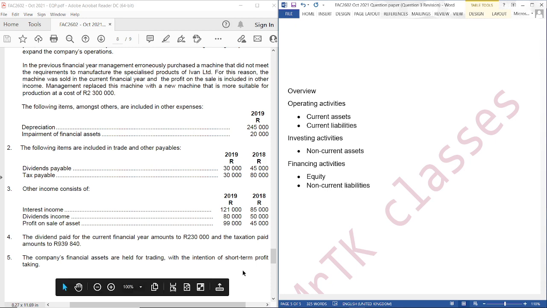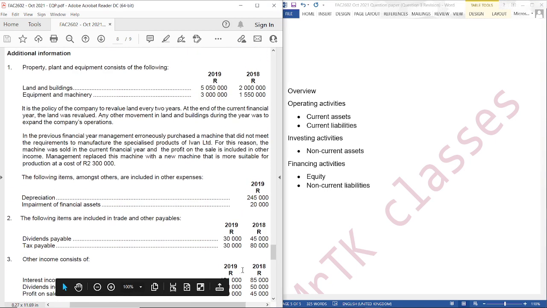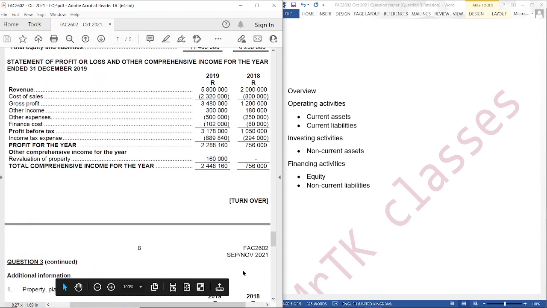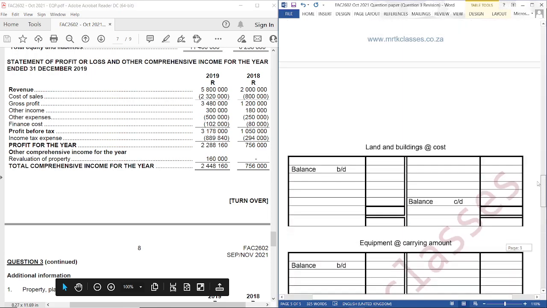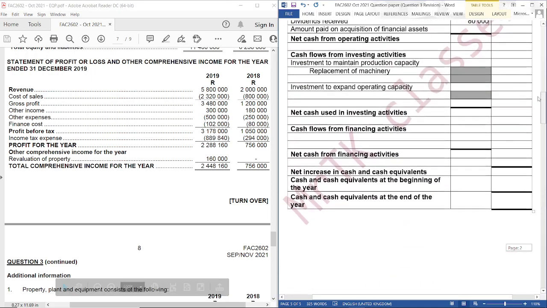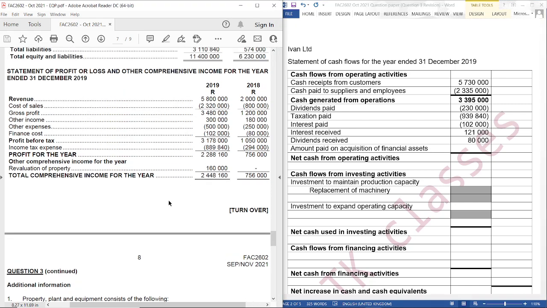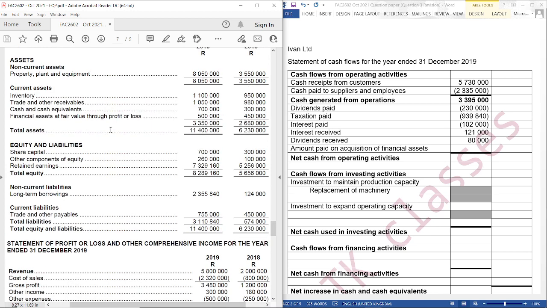right? Okay, so this is a current asset, so we should address it under operating activities, right? So now we need to calculate and see if we received money or we paid in regards to this financial assets, right?